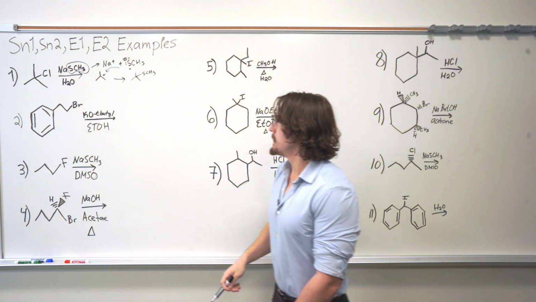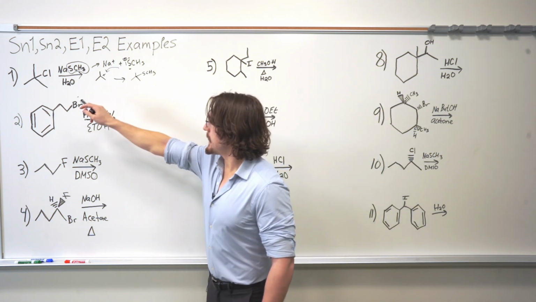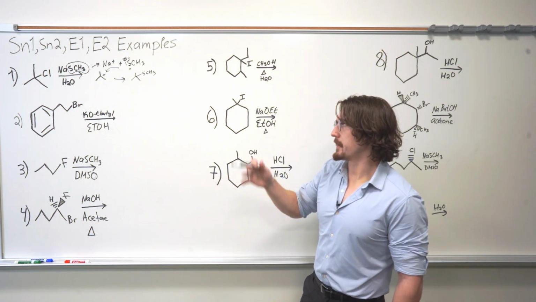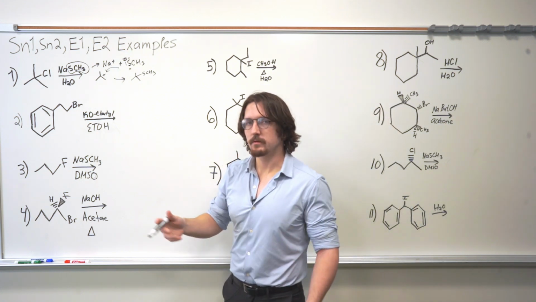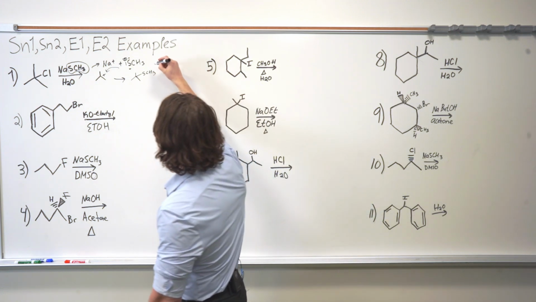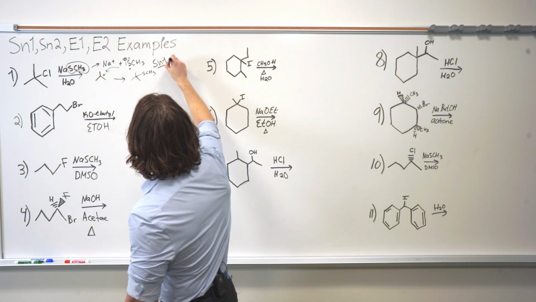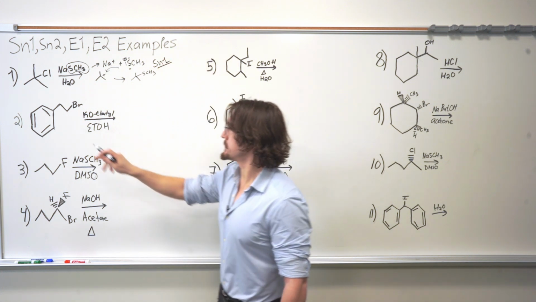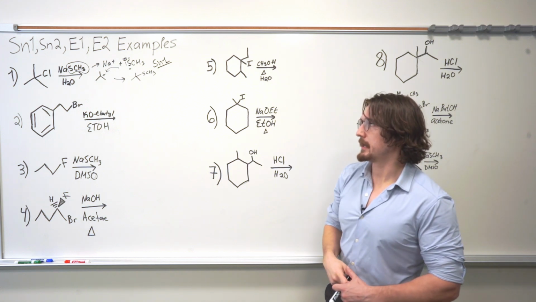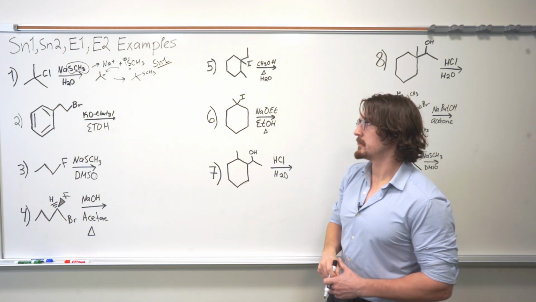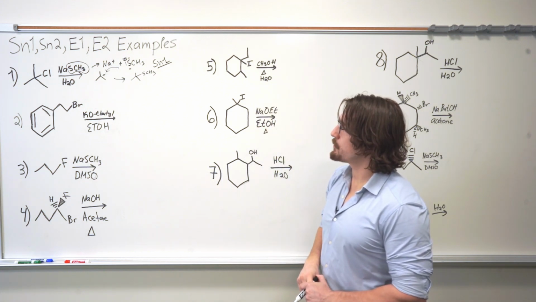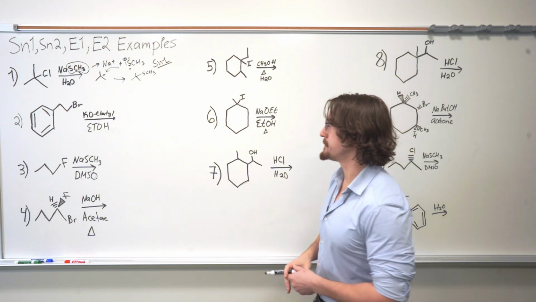Now, the carbon isn't chiral, but if it was, we would get a racemic mixture of R and S optical isomers. So SN1 was the pathway. Notice the solvent is water. Usually these reactions are going to be in polar protic solvents, and that's a polar protic solvent. So that's SN1, and it's really going to just produce that one product.